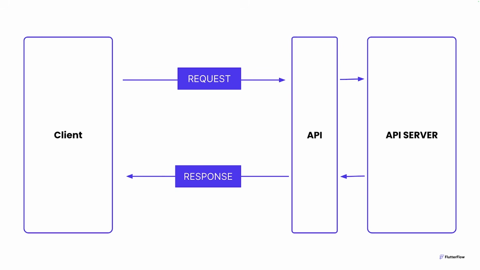APIs are commonly used to achieve this. APIs serve many purposes, but their primary function is to fetch data from external sources and integrate various services into your application. They bridge your application and external data sources by sending requests and receiving responses.